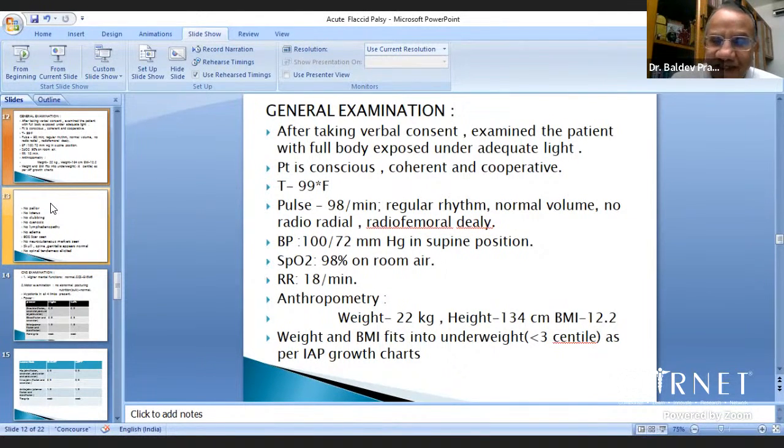Now, Avni, what is the single breath count? How will you test it? Sir, I will ask the patient to speak, in whichever language he or she is able to speak, continuously in a single breath. For example, 1, 2, 3, 4, 5, unless he is ready to take the next breath.